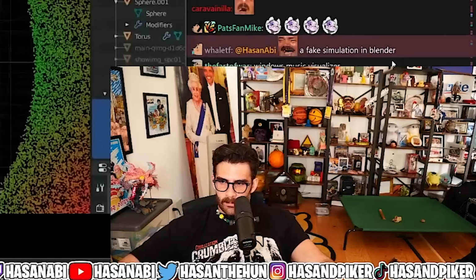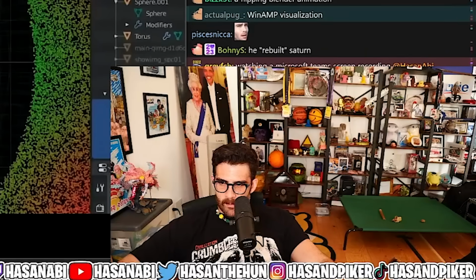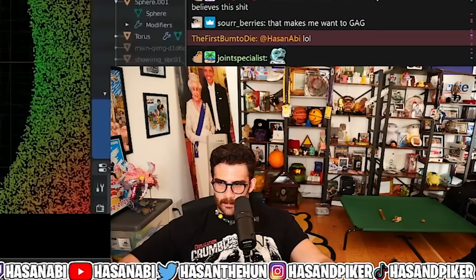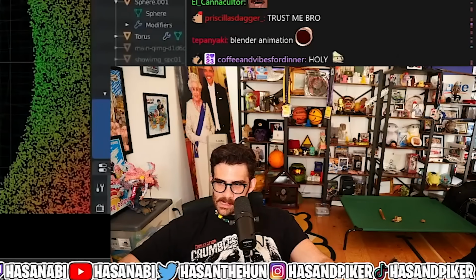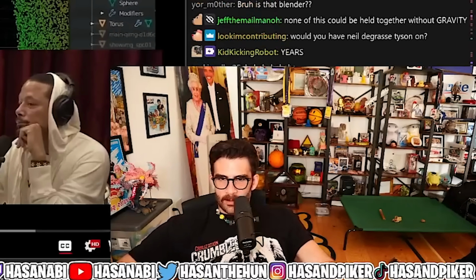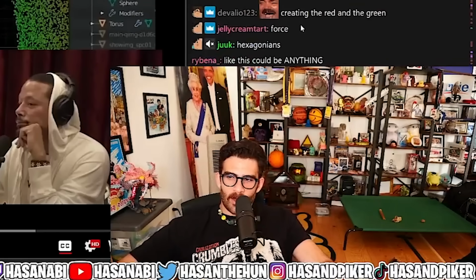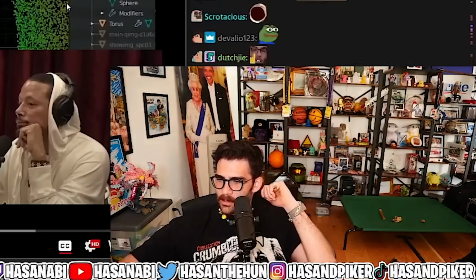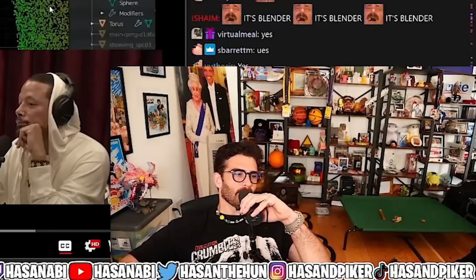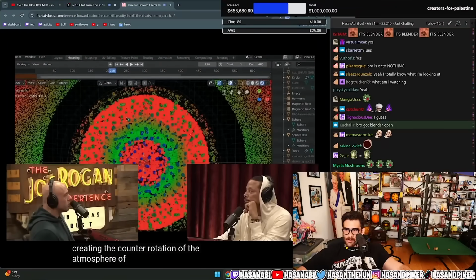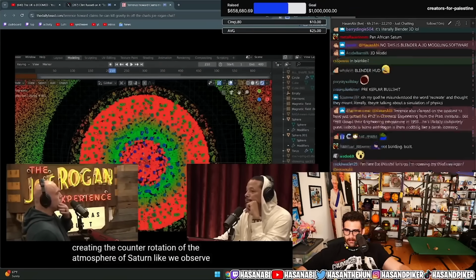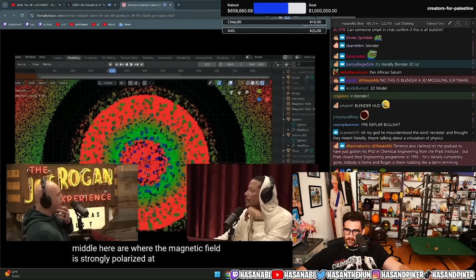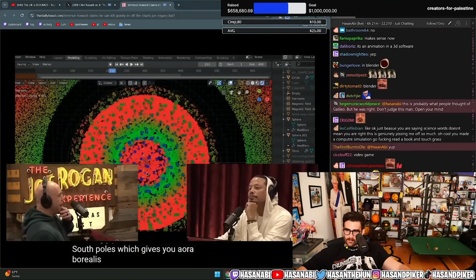So the heavier particles are creating the red and the green here where the hexagon is, and those are the heavier ones creating the shell of the planet, and then the outside are lighter particles that are a fluid that's creating the counter rotation. Is this him rebuilding Saturn without gravity? Like he's rebuilding a 3D model of Saturn? The atmosphere of Saturn, like we observe scientifically. And the red ones in the middle here are where the magnetic field is strongly polarized at the north and south poles, which gives you aurora borealis.